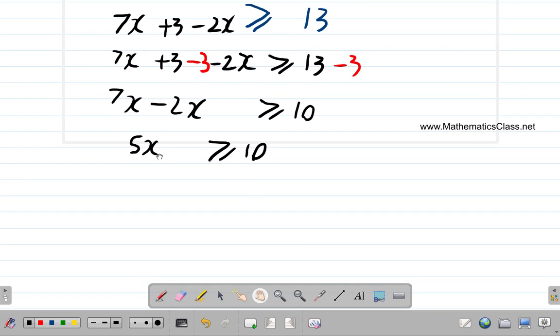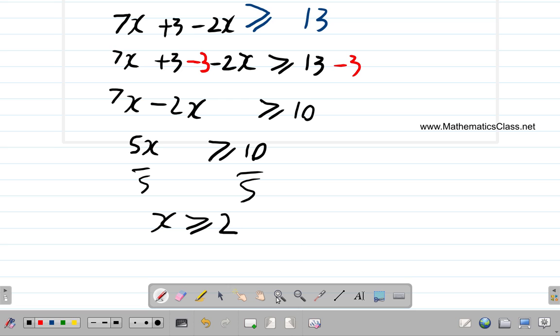You can say 5 times what gives you 10? Or if you divide both sides by 5, what you're going to get is x is greater than or equal to 10 divided by 5, which gives you 2. So the answer, x is greater than or equal to 2. You see that? So that is your answer here.